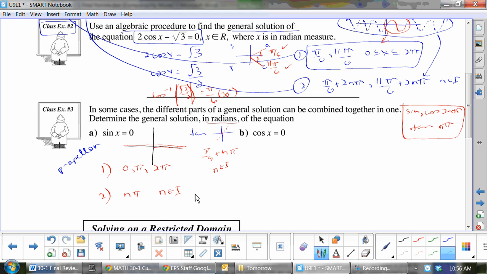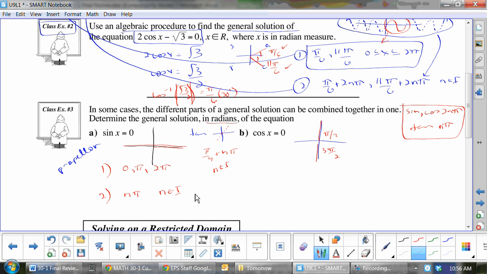Okay. When does cos x equal 0? Yeah, be more specific. See, we got a propeller situation again. Okay?